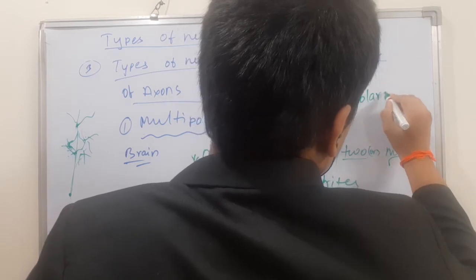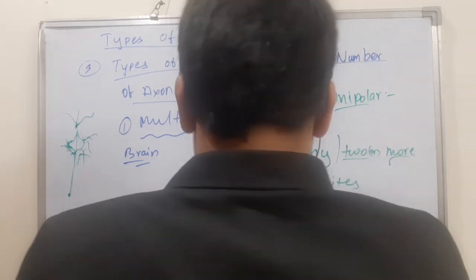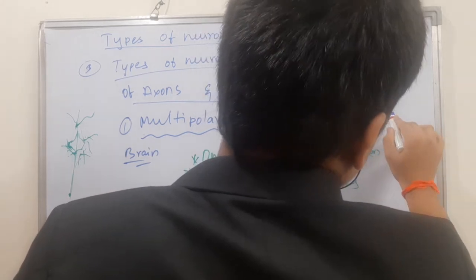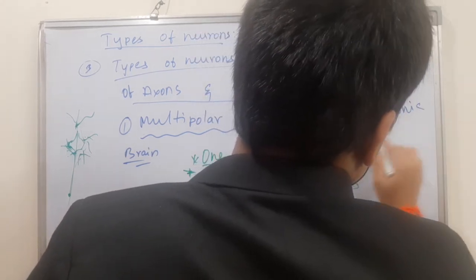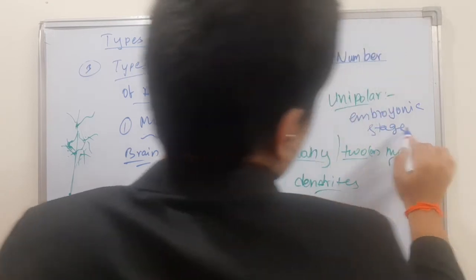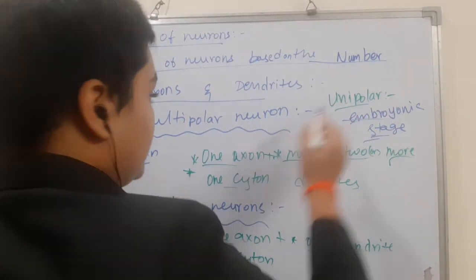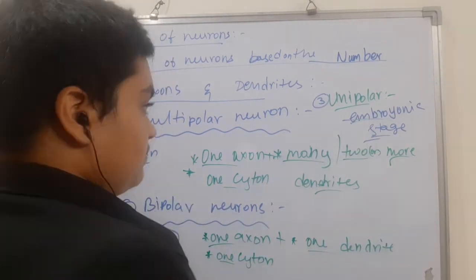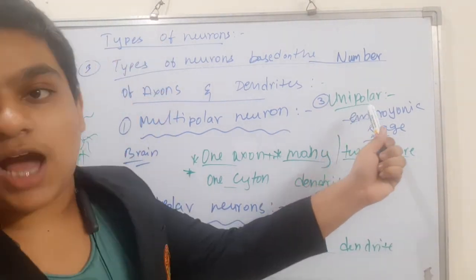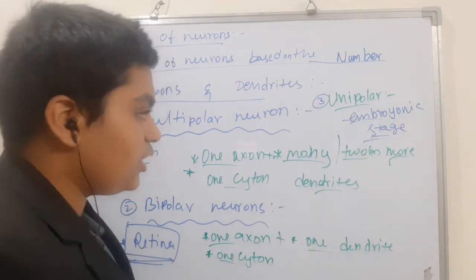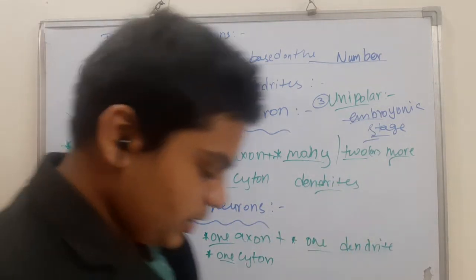Unipolar, embryonic stage. This is the third type, in which we have the presence of one cyton and one axon. Okay? Please make a note and read.